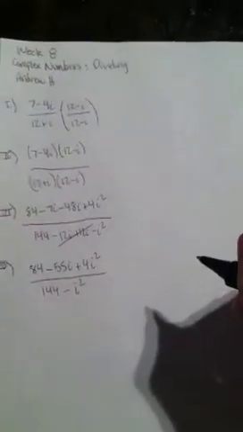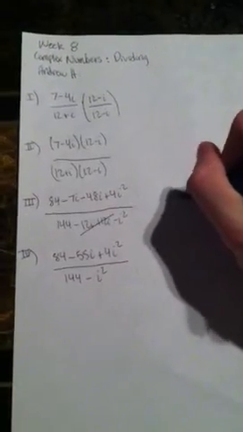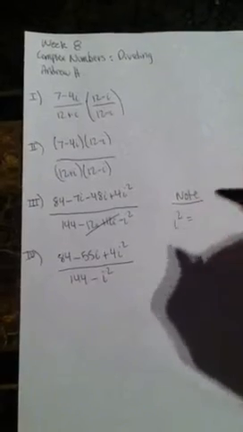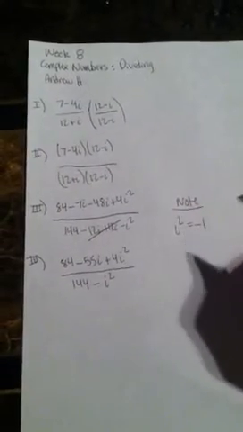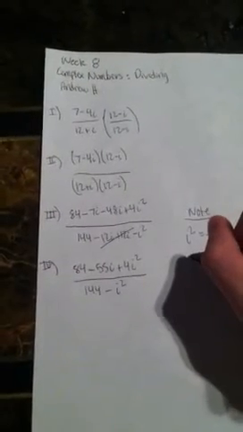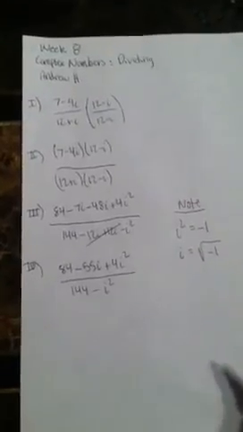Now, when dealing with complex numbers, i squared is equal to negative 1. And for future reference, just if you were wondering, i is equal to the square root of negative 1.